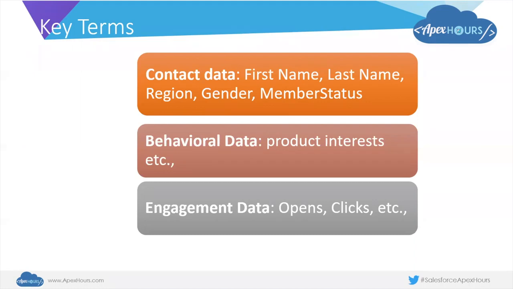It's about the customer's likes and dislikes, what the customer is interested in, and other relative data. The engagement data can be about how the customer's engagement has been. It could be the opens and clicks under the engagement that he has done with the previous email communications.